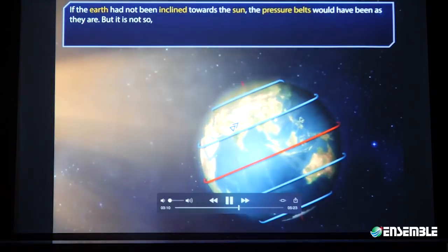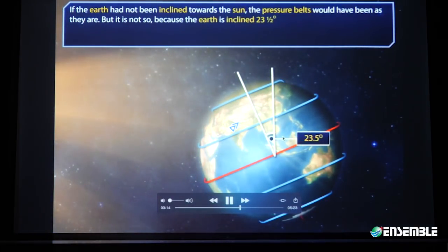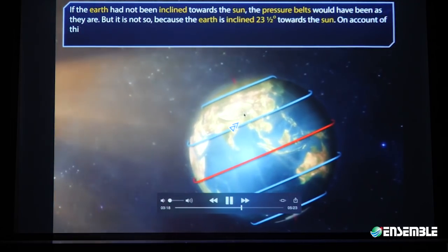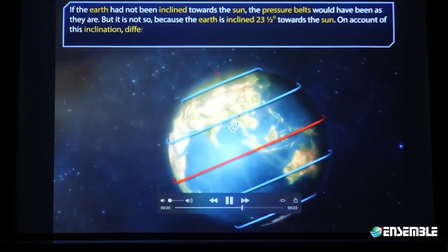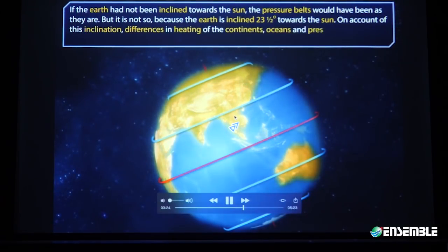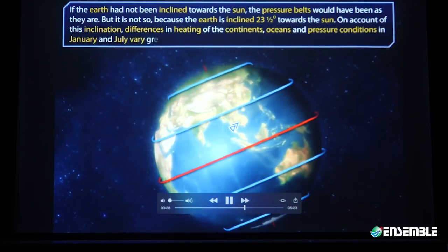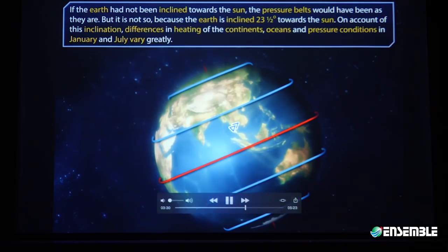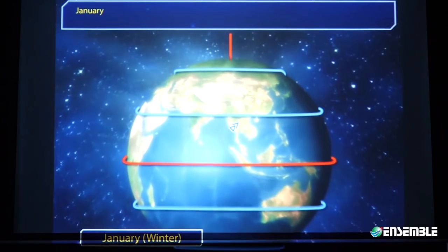And this is the idealized distribution of pressure on the Earth. And that is tilted, of course, at 23.5 degree towards the Sun. On account of this inclination, there are differences in heating of the continents, oceans, and all of them. And these differences are both, of course, going to be in July and in January.